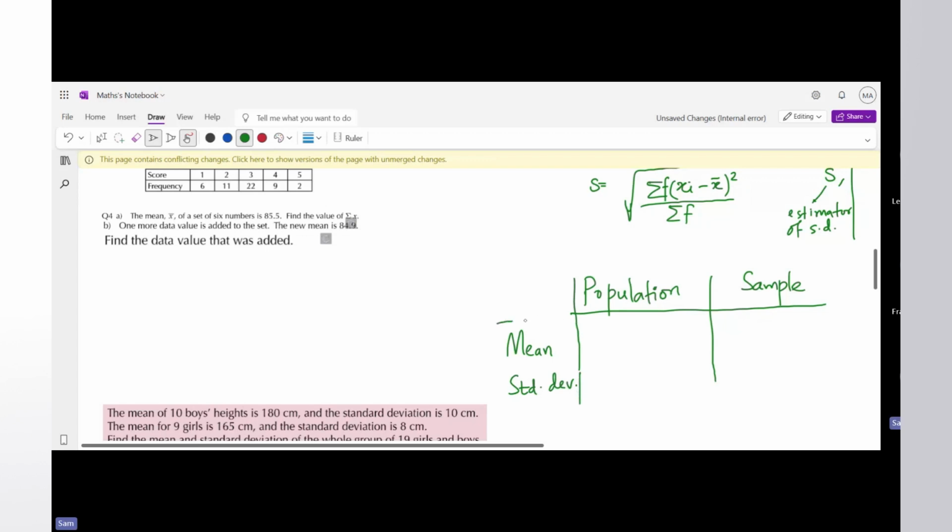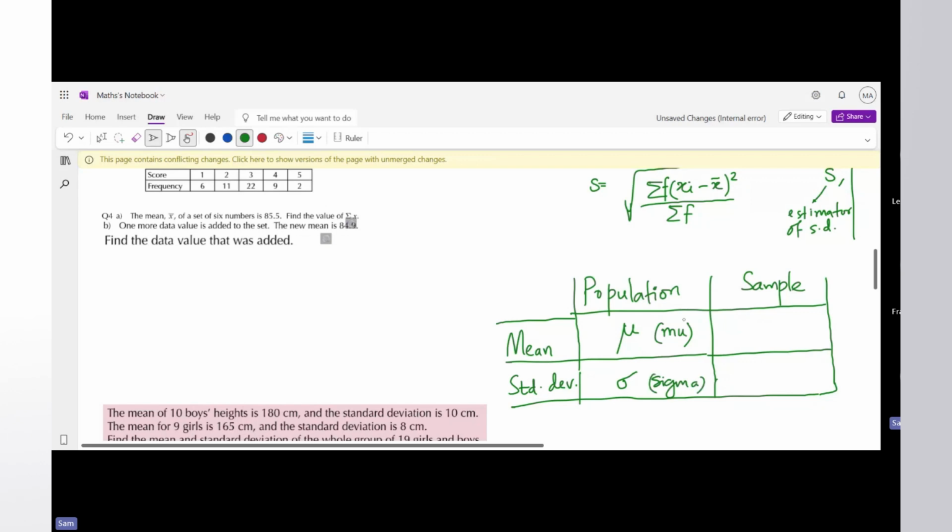For population, the symbol for mean is mu, and for standard deviation, the symbol for population is sigma. This is small case sigma.